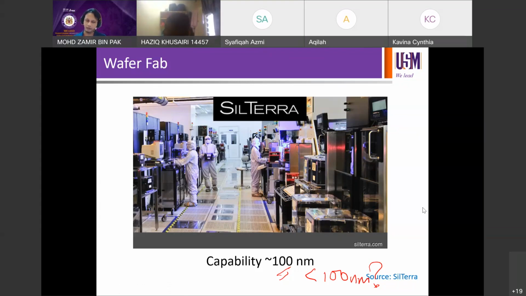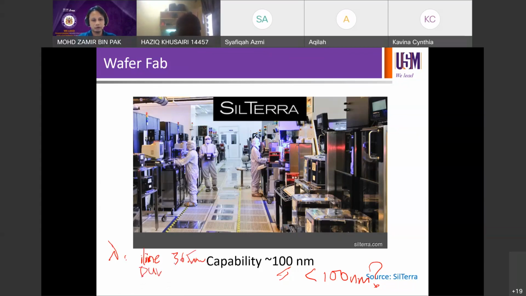EUV is super sophisticated, super expensive. Nanti kita akan explore this further. For the printing process, let me just brief you what Silterra has at the moment. Silterra has i-line illumination, ni illumination system. I-line is 365 nanometer.